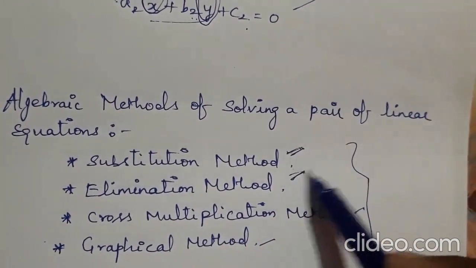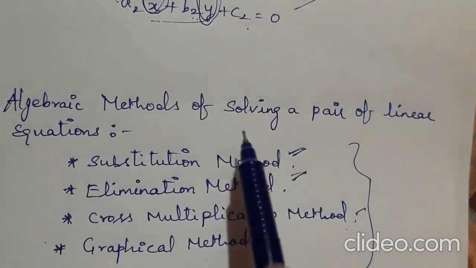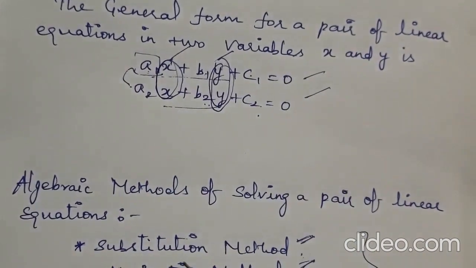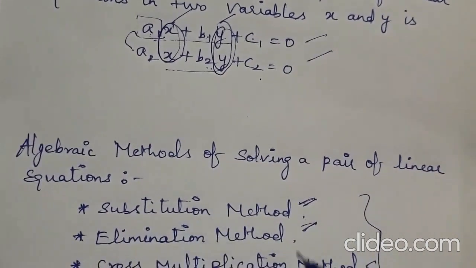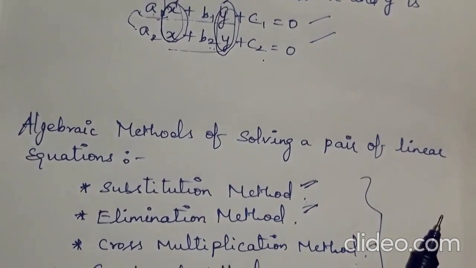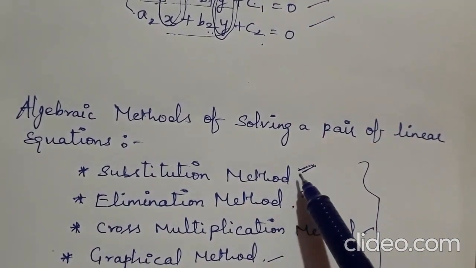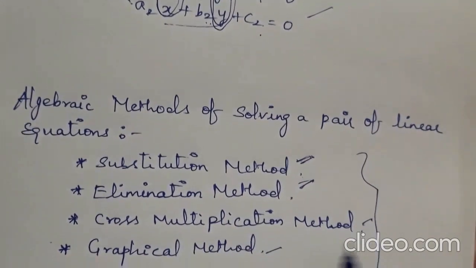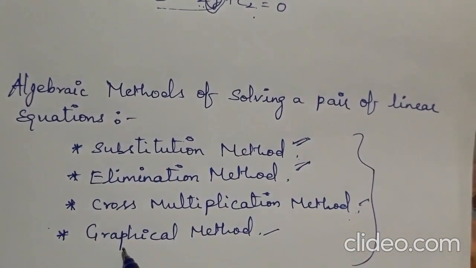These are the four methods we are using to find the values of the variables x and y.